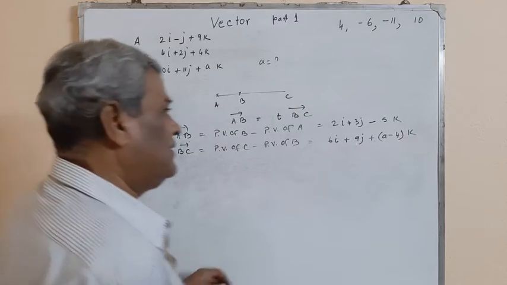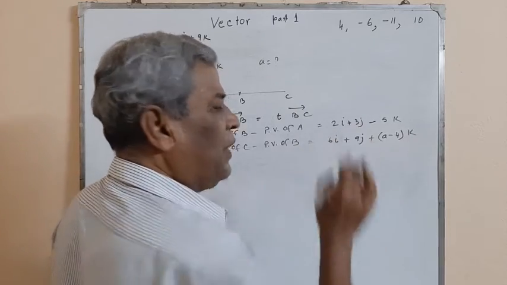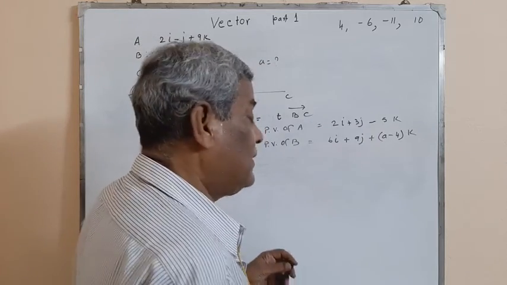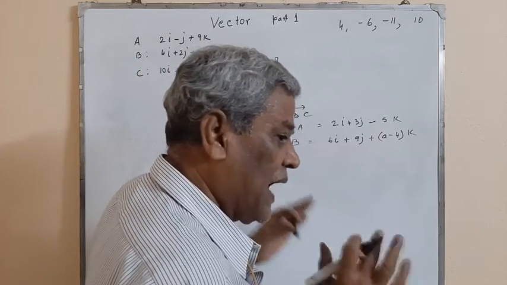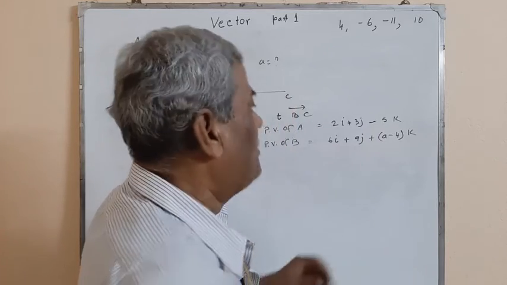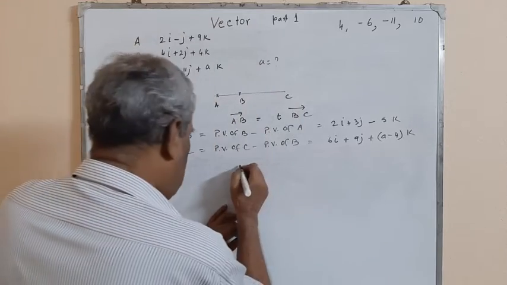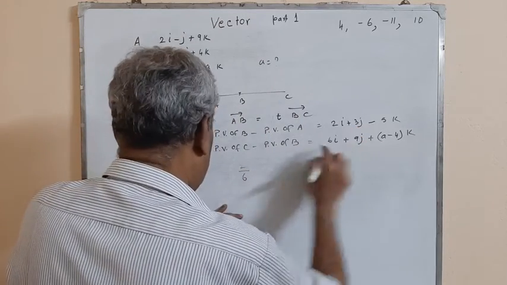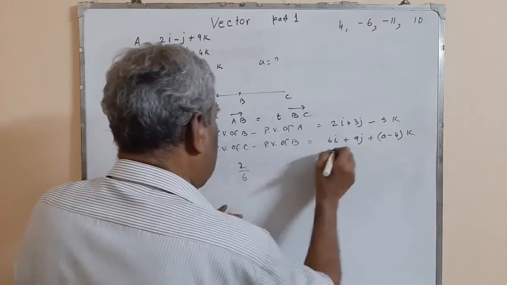As per condition, this must be some multiple of that. In that case, the ratio of components of i, j and k must be the same. That is 2 by 6. The i component is 2, the i component of that is 6.